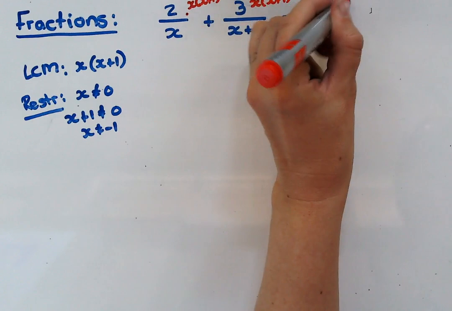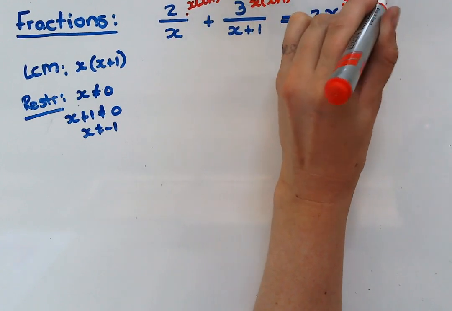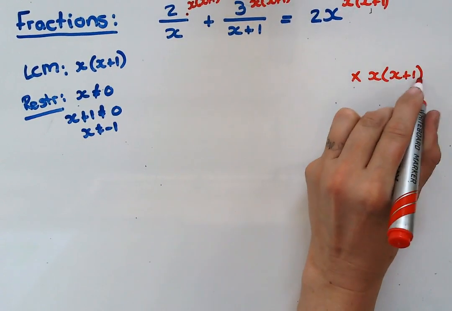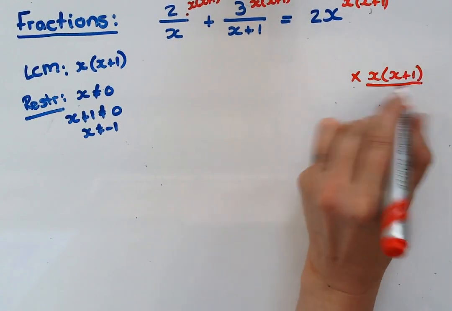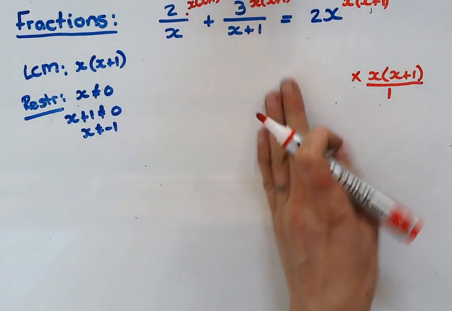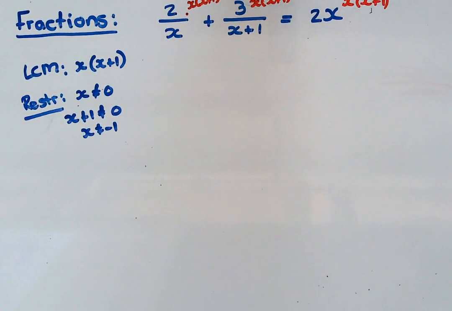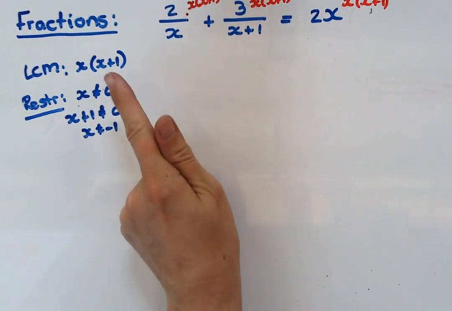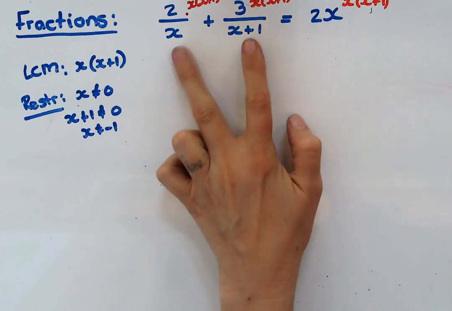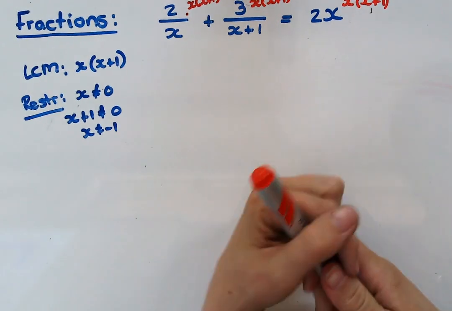on the top, because if I multiply with x times x plus 1, this is on top of the fraction as over 1. I don't write the over 1, but it is on top of the fraction, right? So I multiply every single term with this lowest common multiple with the hopes that the denominators will cancel out, all of them.